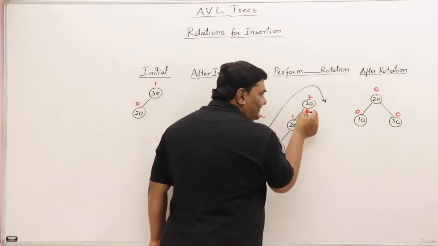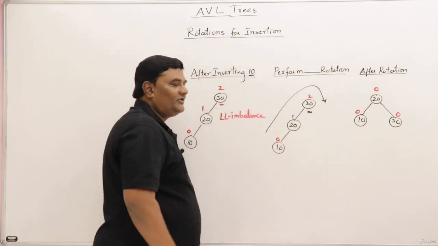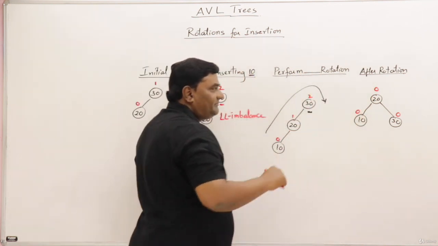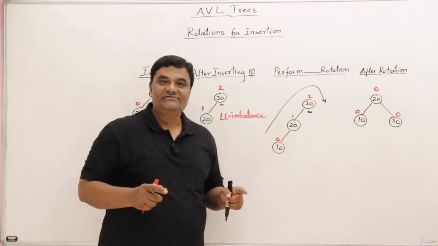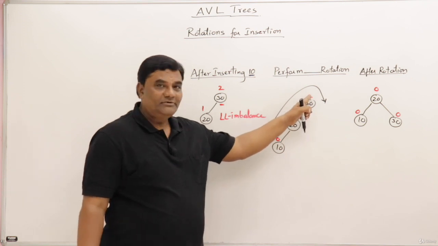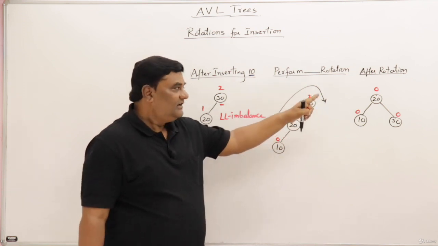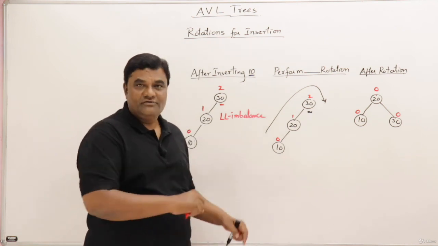This node. At that place, who is there now? 20. Is it balanced or not? Yes, its balance factor became 0. So on whichever node you perform rotation, the balance factor should become 0 for that one. Earlier, at that position, the balance factor was 2. Now at the same position, the balance factor is 0. So this is the procedure for rotation.